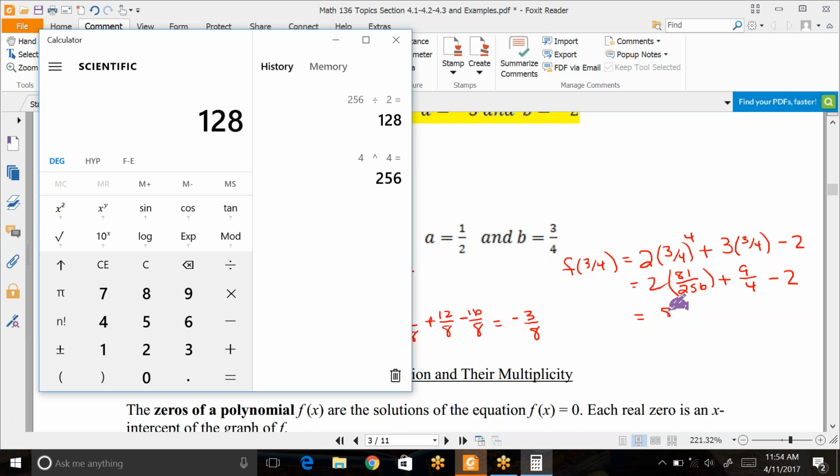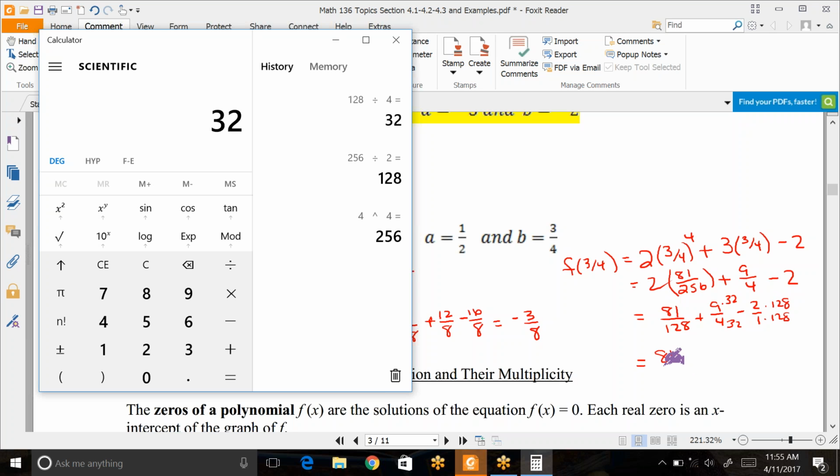So this would be 81 over 128 plus 9/4 minus 2/1. And we want to get a common denominator of 128 if we can. So 128 divided by 4. We need to multiply this fraction by 32/32. And this one by 128 over 128.